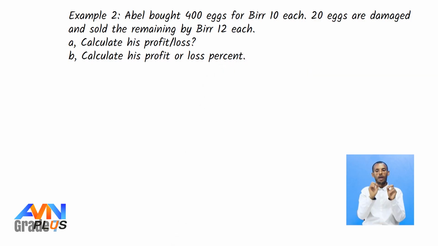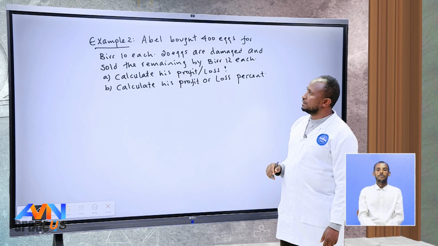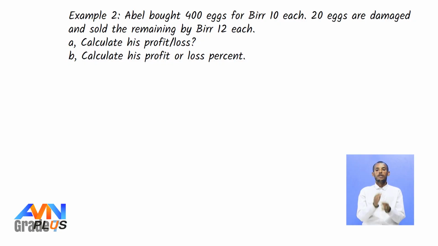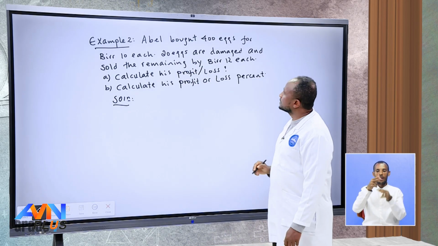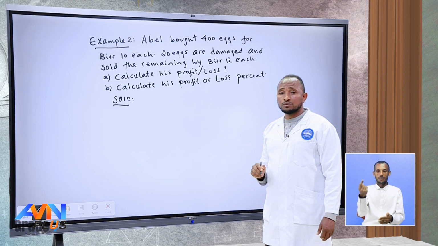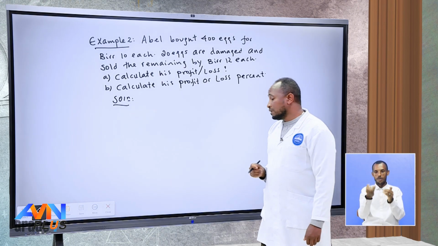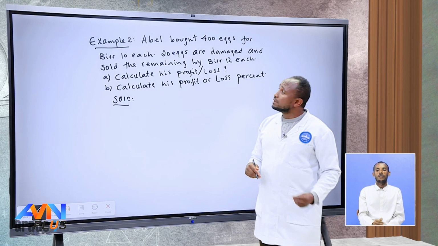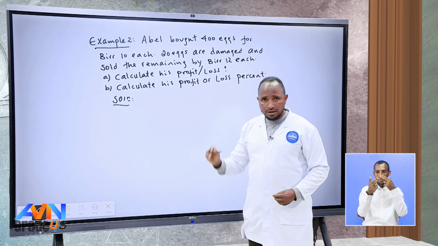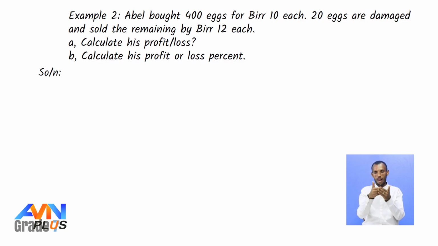Okay. Now, let's try this question together. Solution. Abel bought how many eggs? 400 eggs. What is the cost of each? The cost of each is 10 birr. That means the cost of one egg is 10 birr. Therefore, the cost of 400 eggs will be the product of 400 and 10. So here, let's first put the cost price.